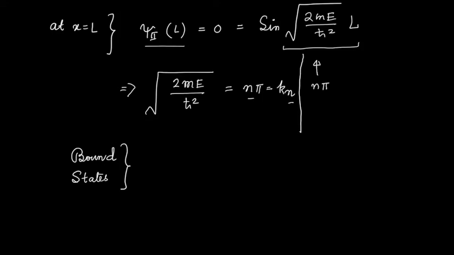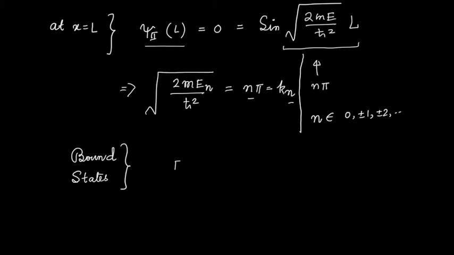So this I called n. I should call this En, because for every n there will be one energy, and this n belongs to any integer. So this n can be 0 in this case at least, plus minus 1, plus minus 2, etc. Fine.